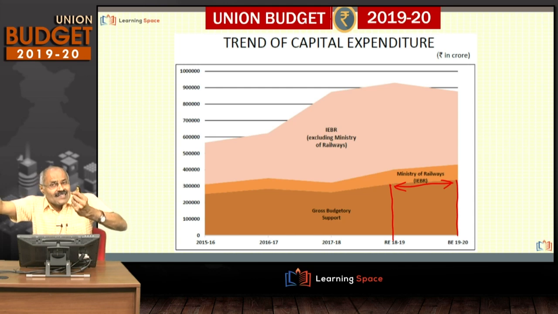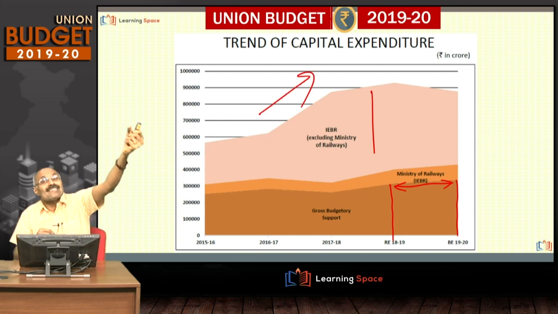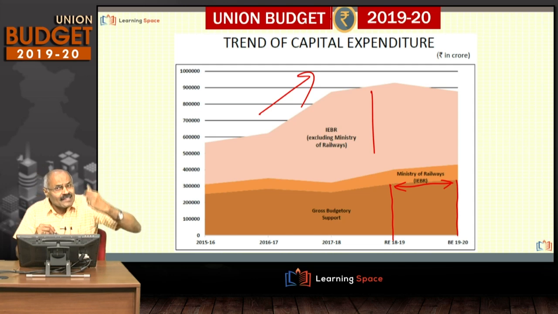And because of that, what is happening is it is relying more on internal and extra budgetary resources, right? How they increased in recent times, just you see. That means borrowings by the public sector enterprises. This is one example of internal and extra budgetary resources.